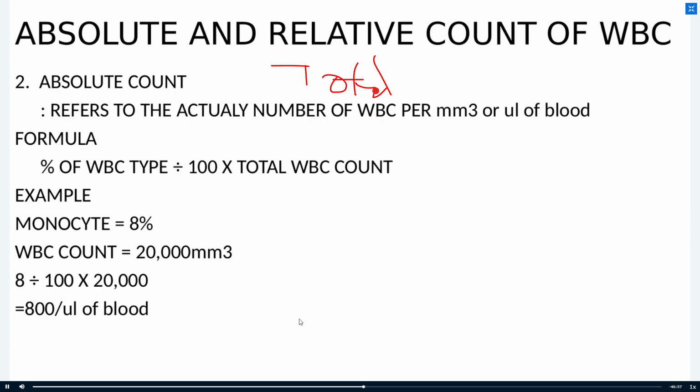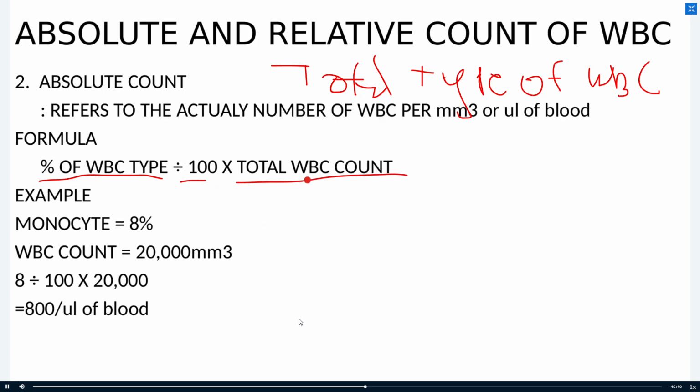Sign tayo sa sample nyo. Total type of WBC. So the formula for this class is percent of WBC type divided by 100 times the total WBC count. So this time you're going to incorporate, isasama niyo yung total WBC count sa computation.